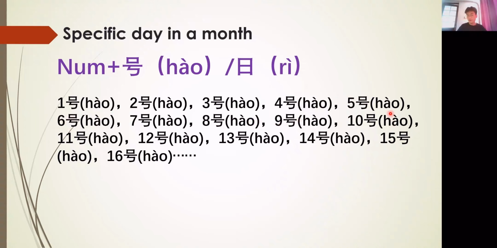And of course, for the first day, you can also say 一日, right? Either is okay, but in spoken Chinese, we like to say 号. So 1号, 2号. Good. So now we have finished learning how to express the year, the month, and the specific day in the month, right?